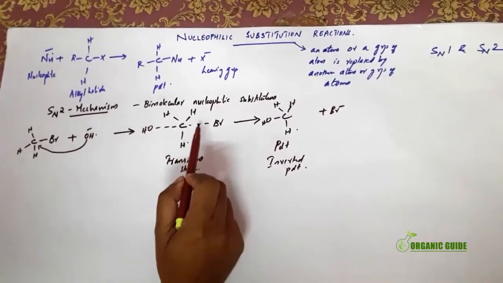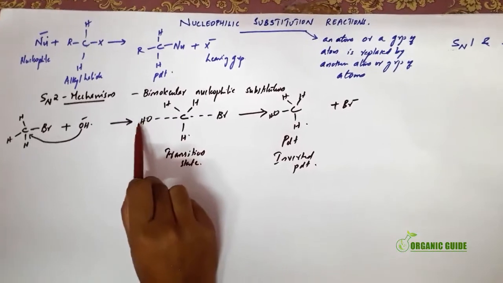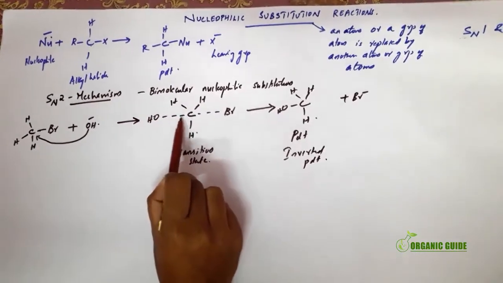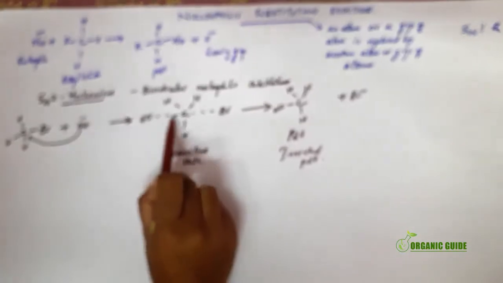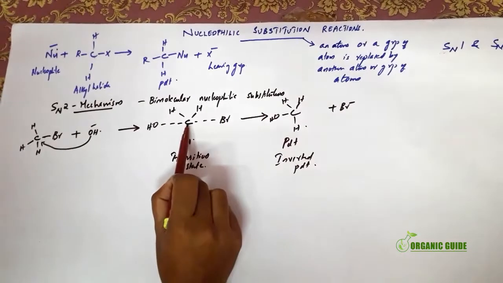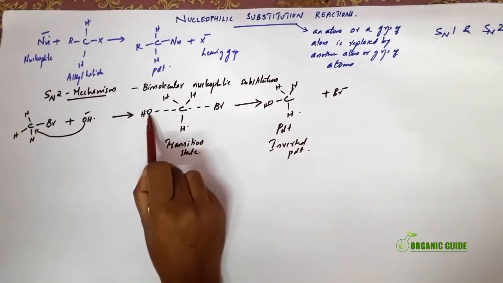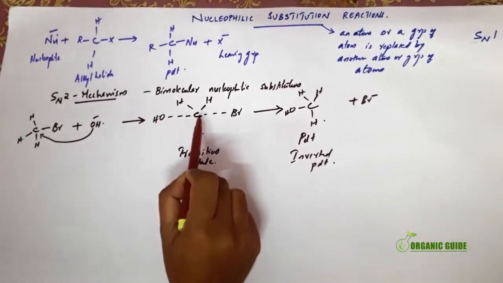This is because in the transition state, both the leaving group and the attacking nucleophile form a partial bond with this carbon. So the attacking nucleophile will always come and bind with the carbon from the back side. Rear side attachment of the nucleophile will always occur.